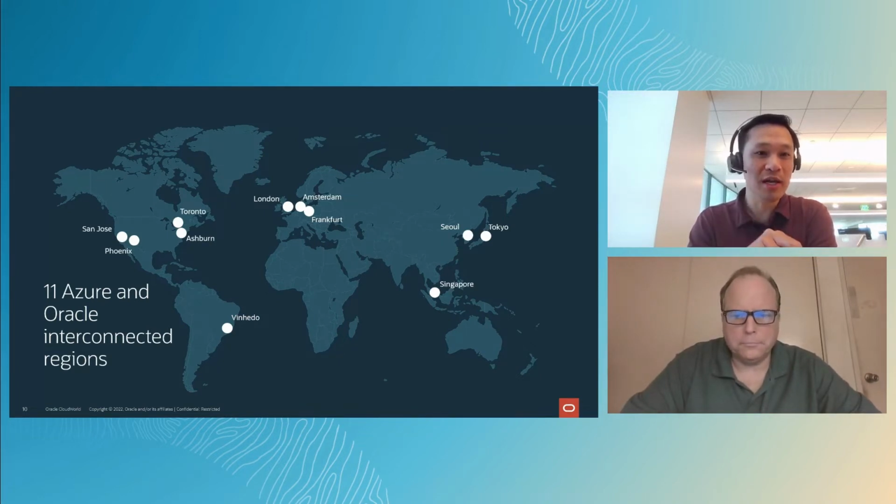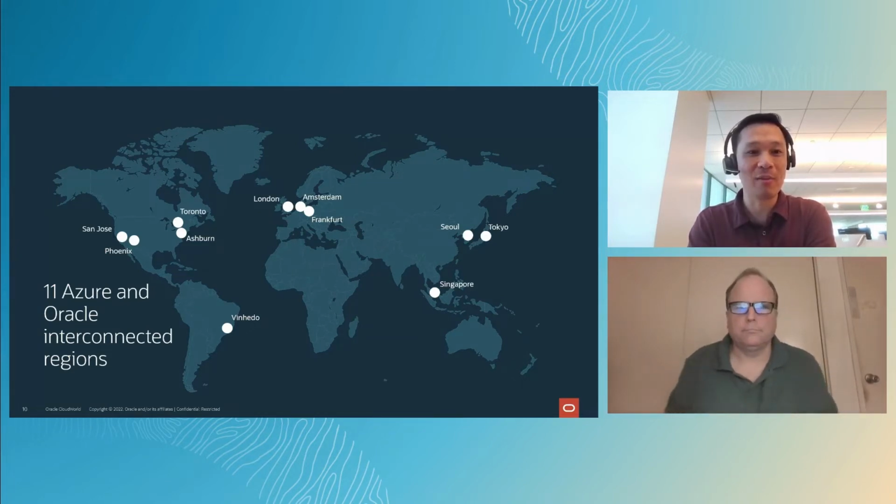So if you, say, are in the Phoenix region, or your application for your Azure app is in the Phoenix region, you can create an Oracle Autonomous Database in the same region, and they'll be very close together, so they'll have very low latency, and that'll be best for performance for your application if you choose data centers from Oracle and Microsoft that are close together.